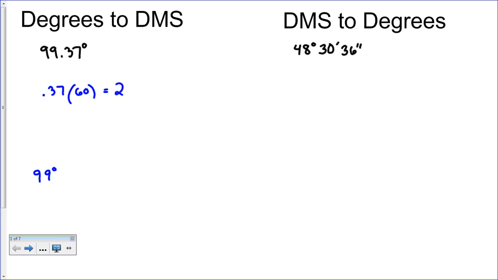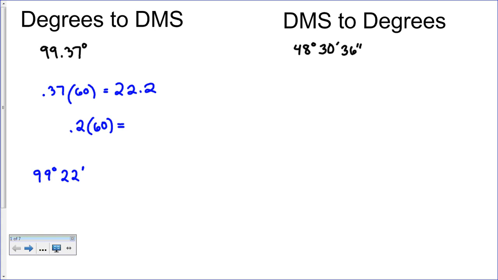So if it hadn't given us a decimal here at the end, then we would actually be done. If it had just said 22 and stopped, that would be all that we would need. But we have to keep going because this 0.2 is representing what our seconds are. So we have 99 degrees, we have 22 minutes. We're going to take that 0.2 and times by 60 again, because the 0.2 is 0.2 minutes, and I want to know how many seconds that is.